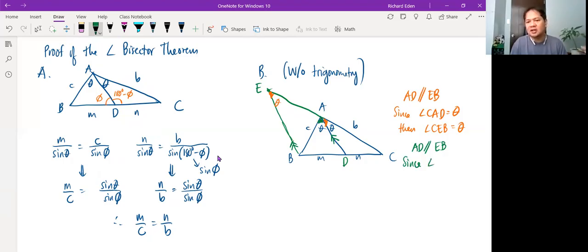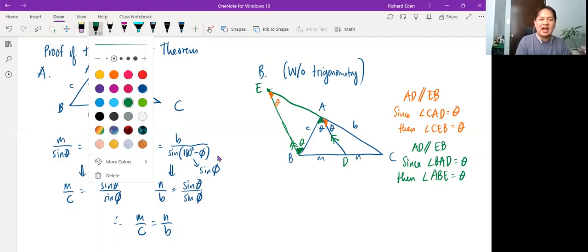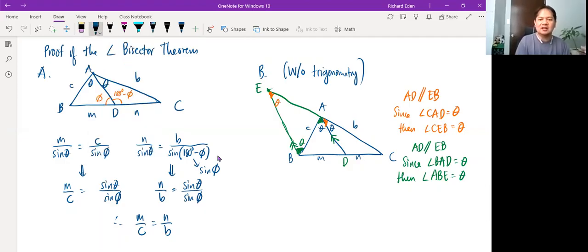Since angle BAD equals theta, then angle ABE equals theta. So this would have to be theta. Do you see why? Because of the transversal, right? If this is theta, then that should also be theta. But then if you look at points E and B, you have angle theta there.